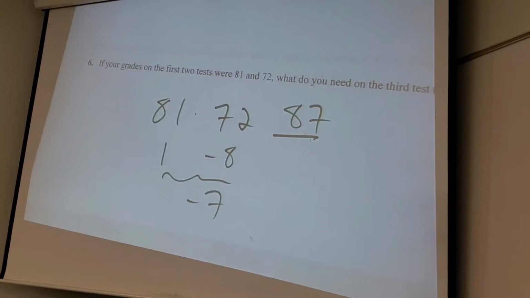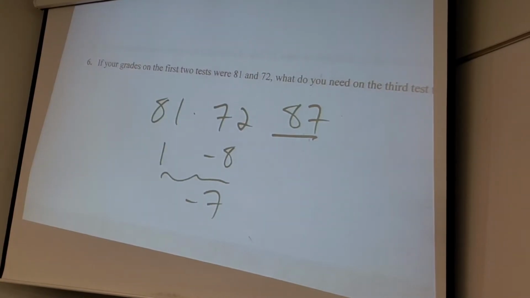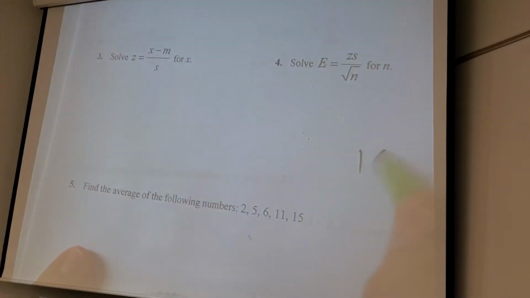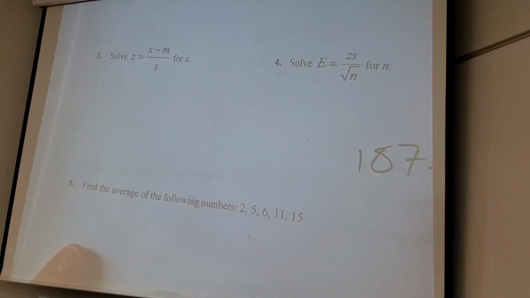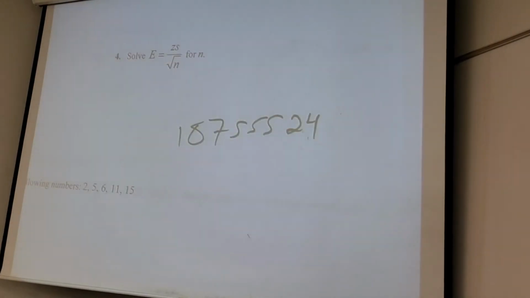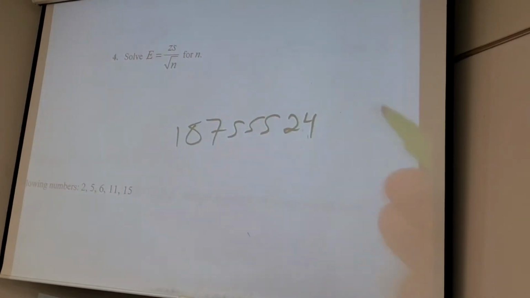What about 4? How do you tell if a whole number is divisible by 4? Right, if the last two digits are divisible by 4. So this number, that number right there is divisible by 4. Why? Because the last two digits are.